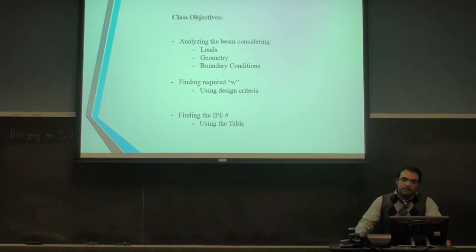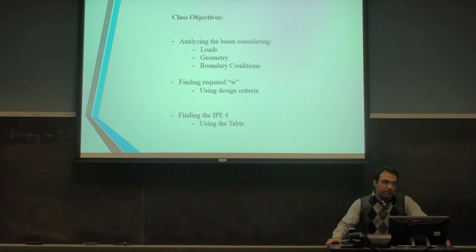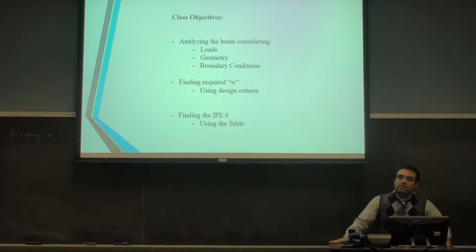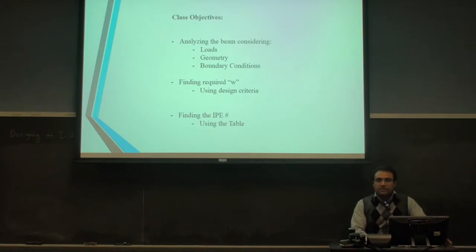When you find this maximum moment, you should be able to use the designing criteria to find the required section modulus. And after that, when you have the W, you should be able to use the table to find the number of the IPE that is required for these loads.